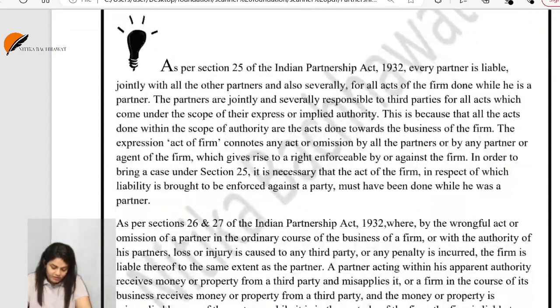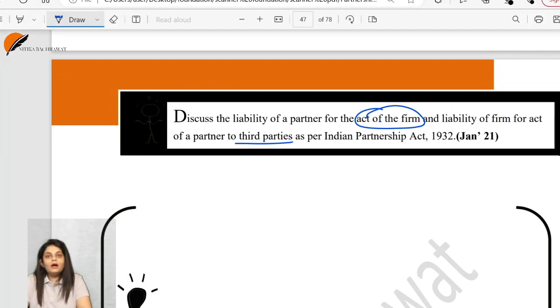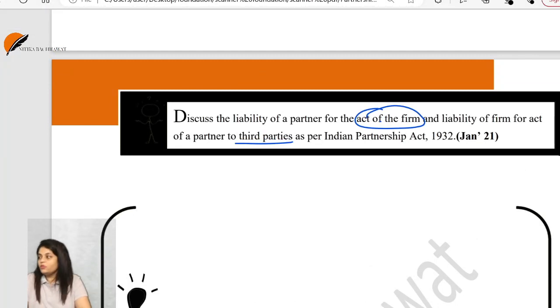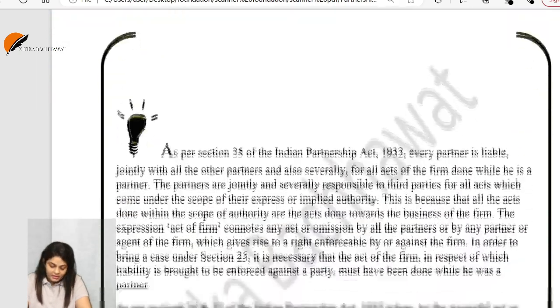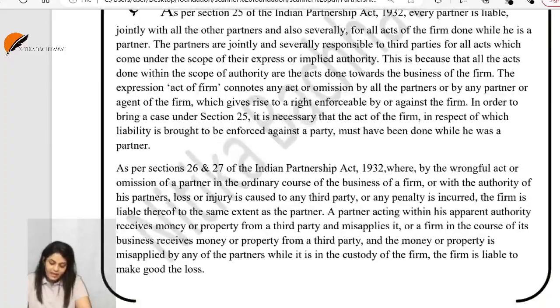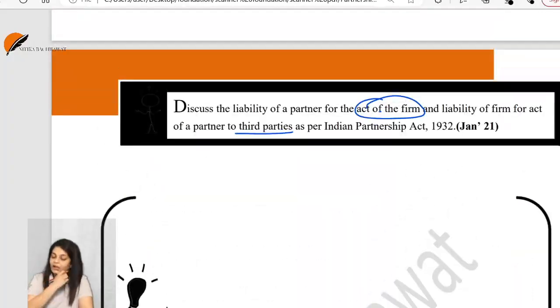So basically when we talk about the act of the firm, it means any act done by all the partners or any one or more of the partners or the agents of the partners. For the act of the firm, any act done by a partner while the firm was in existence in the name of the firm binds the firm by his act. That means any act done by the partner during the existence of the firm is liable even after its dissolution, right? So this was contractual liability.